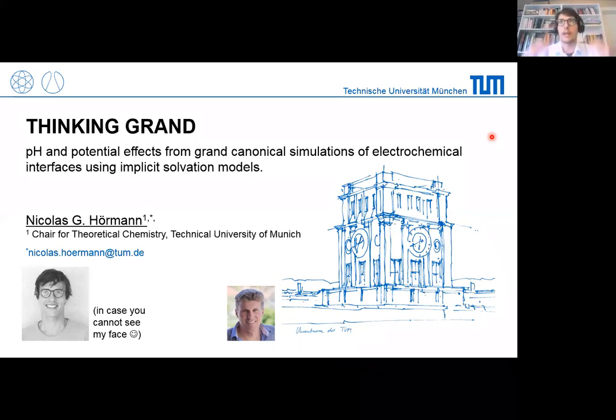So I have a more abstract grand canonical view of such electrochemical interfaces and how we can simulate them. In particular, I want to talk about some new detailed properties that we have looked into recently, which are pH and potential effects that you can now access with fully grand canonical simulations of electrochemical interfaces, and in particular when you use implicit solvation models.